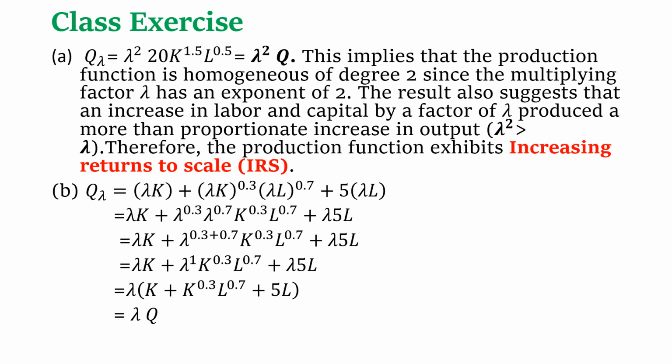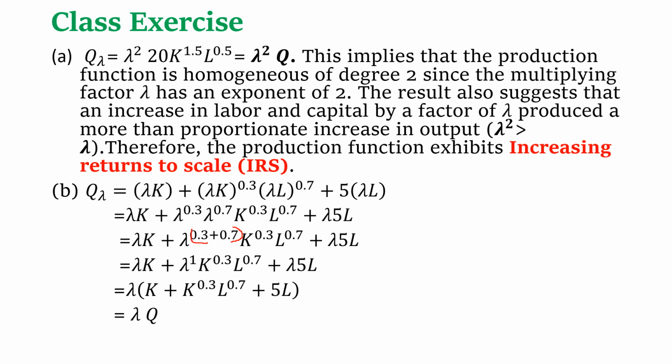When you multiply lambda to the 0.3 by lambda to the 0.7, you just add the exponents, 0.3 and 0.7, right? And so when you add those, you're going to have lambda k plus lambda raised to the power 1, k to the 0.3, l to the 0.7 plus lambda multiplied by 5l.